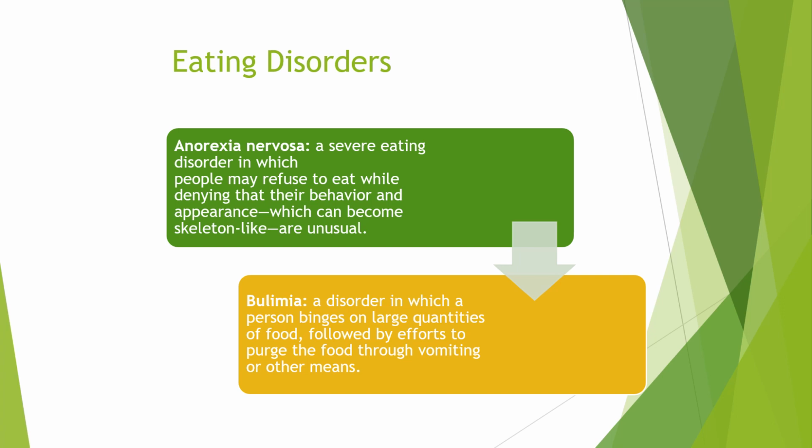This is a severe eating disorder where people may refuse to eat while denying that their behavior and appearance is unusual. And for someone who has extreme anorexia nervosa, they could pretty much look like a skeleton. But to that individual, they think there's nothing unusual about the way they look. And they may still think that they look extremely overweight.